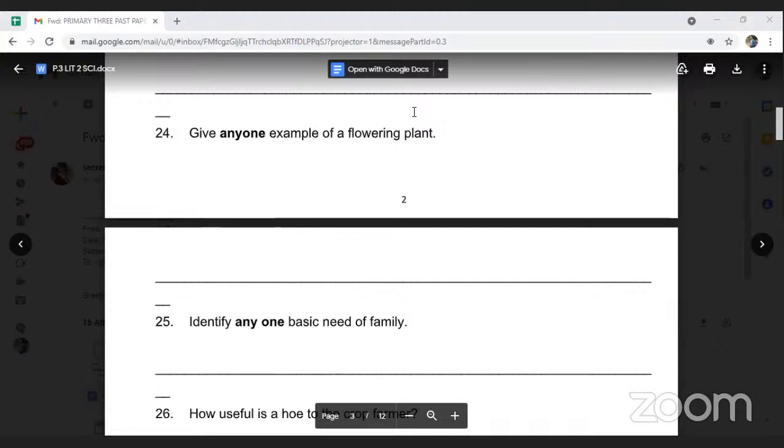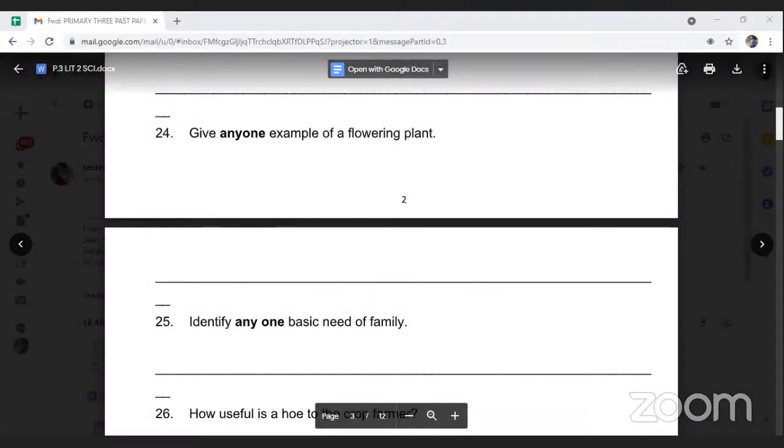As long as they produce flowers, as long as they produce the seeds, they are flowering plants.